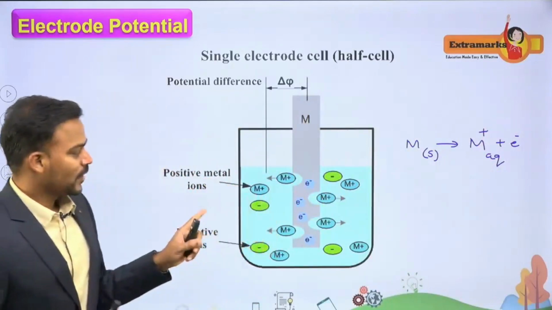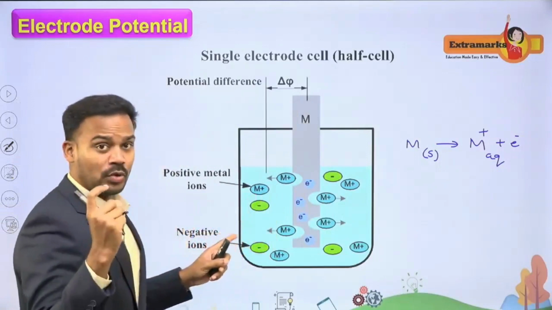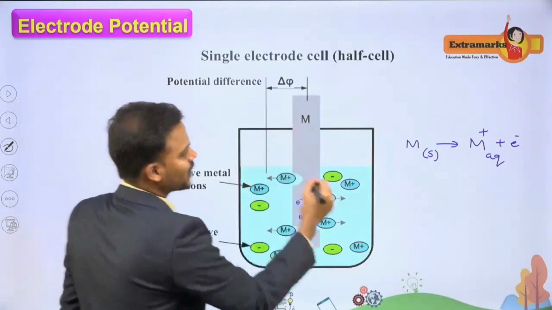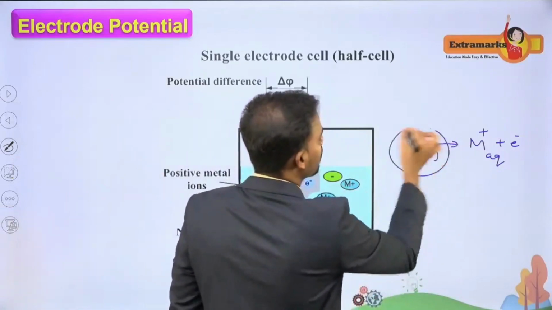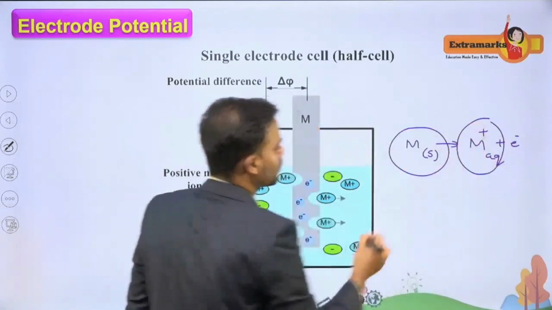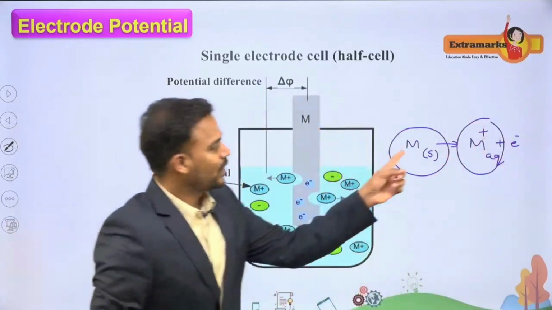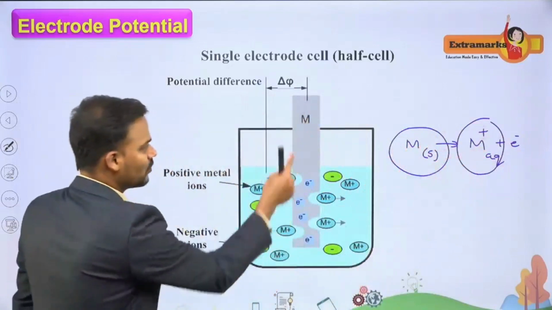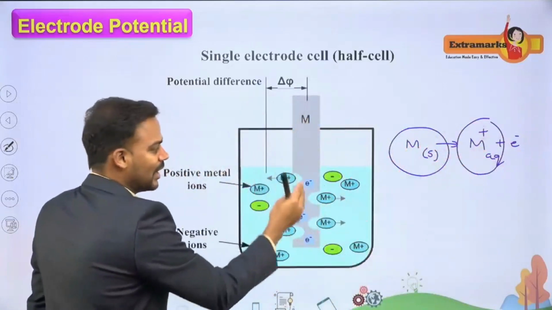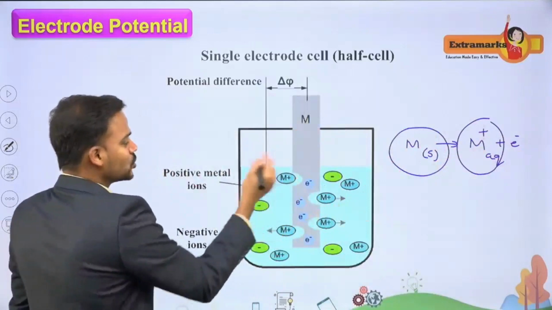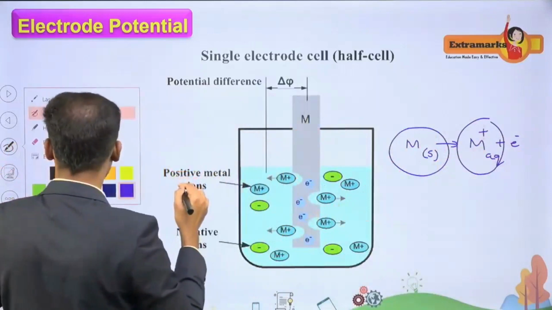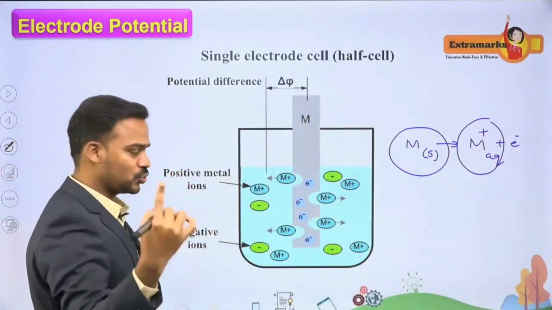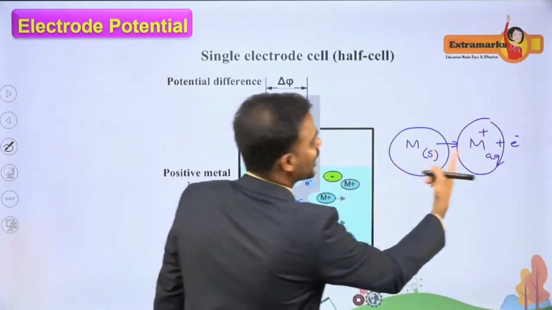And why are they using the word potential for electrode potentials? I'm showing you how this potential is developed. See, this is the positive part. When the metal M is converting into M plus ion, where are these M plus ions?